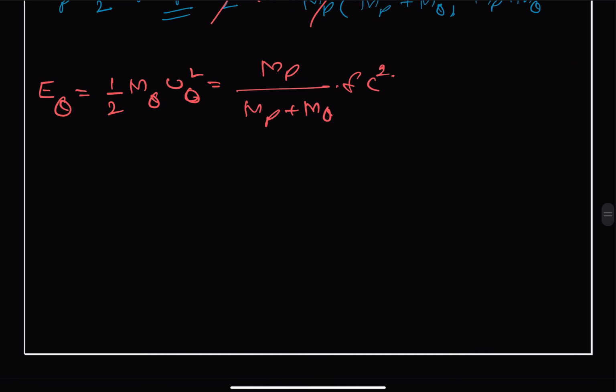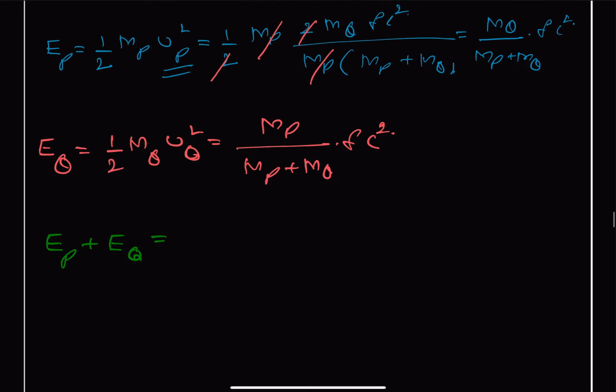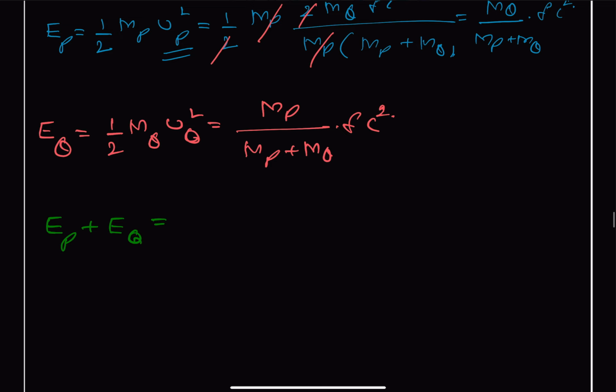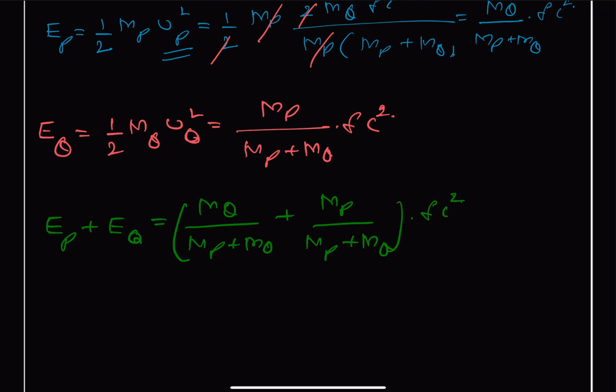So if we add them, we get that our EP plus EQ, and we can see that, let me write it first, we have our mq divided by mp plus mq plus mp divided by mp plus mq, and delta C square will be common.